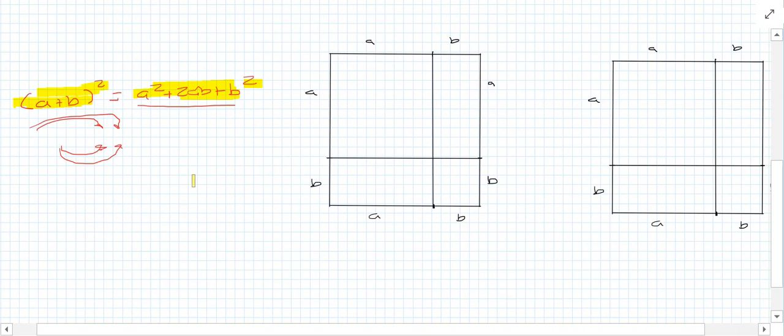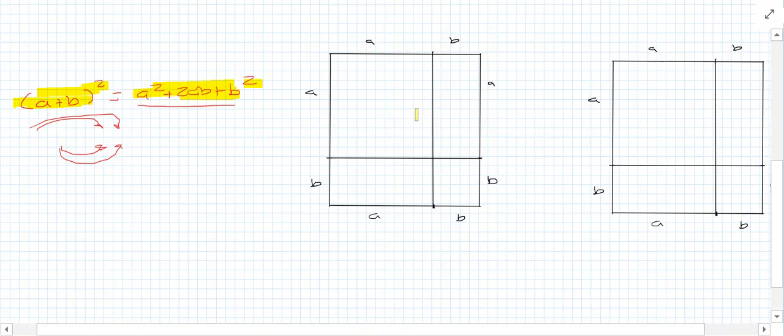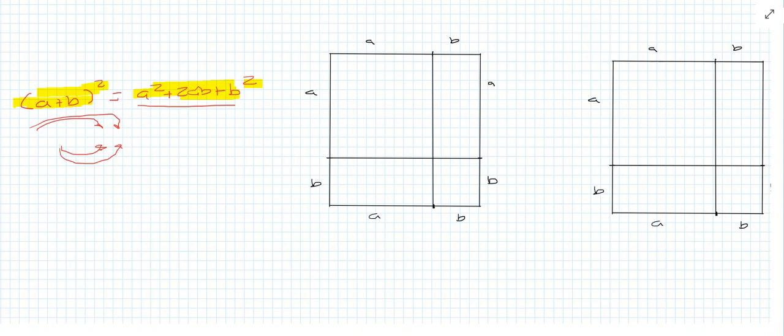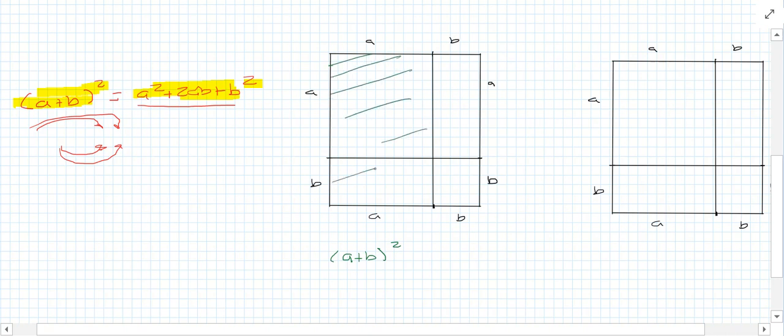Okay, so what we have here is a visual representation of this term. Let's work through this one. This whole shape represents a plus b squared. All of these parts together give us a square that represents this.